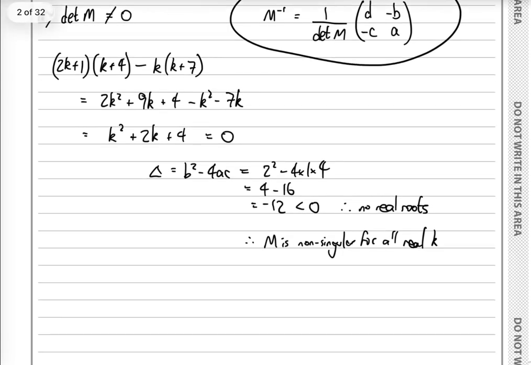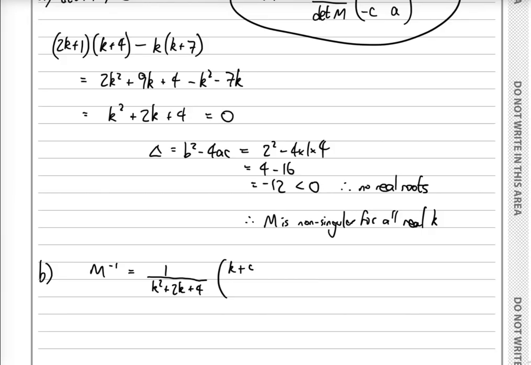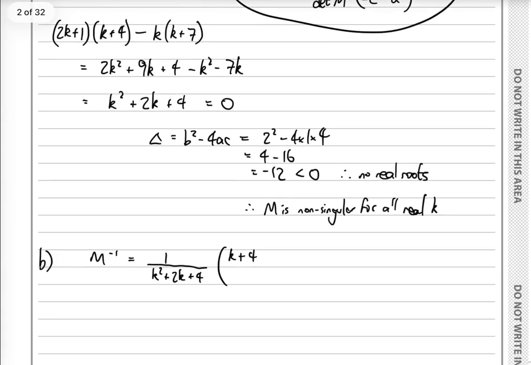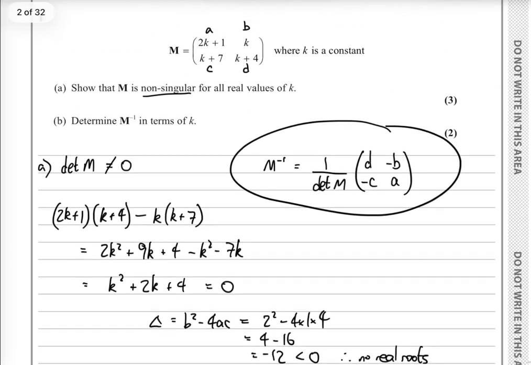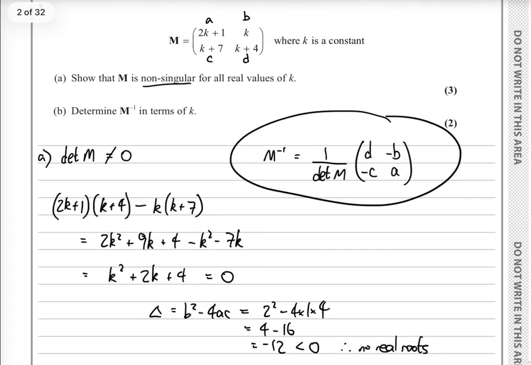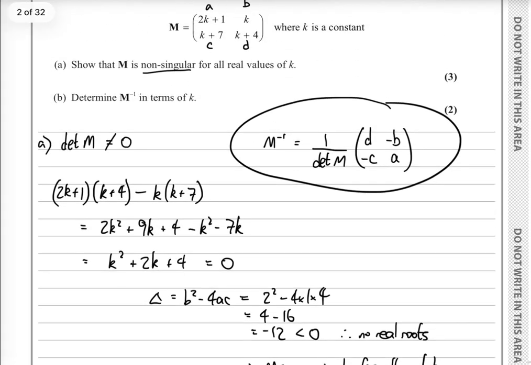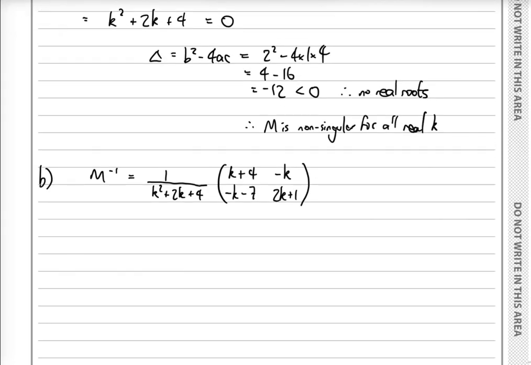We found the determinant, so we know that M inverse is equal to 1 over the determinant, which was k squared plus 2k plus 4, times the matrix: d, k plus 4, minus b, so that's minus k, minus c is minus k minus 7, and then a, 2k plus 1. Like so. That looks okay. So that's the inverse of M.